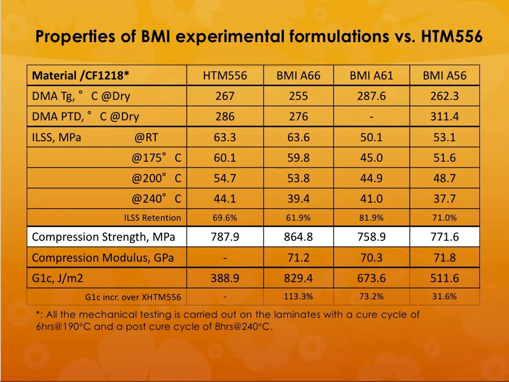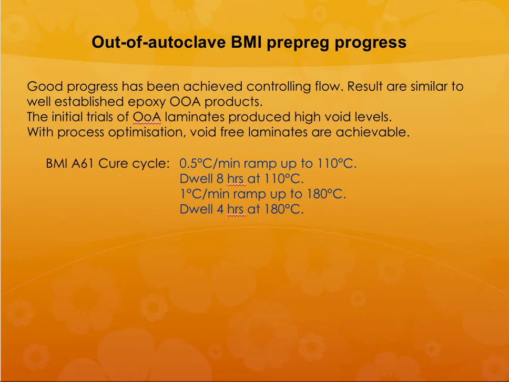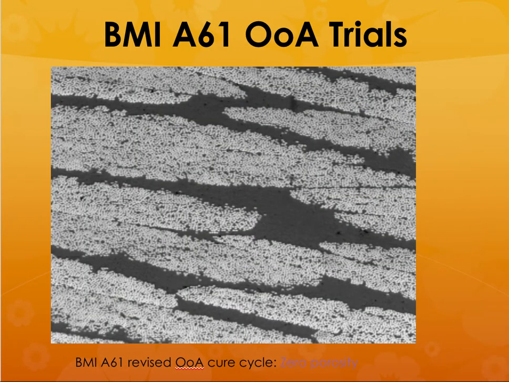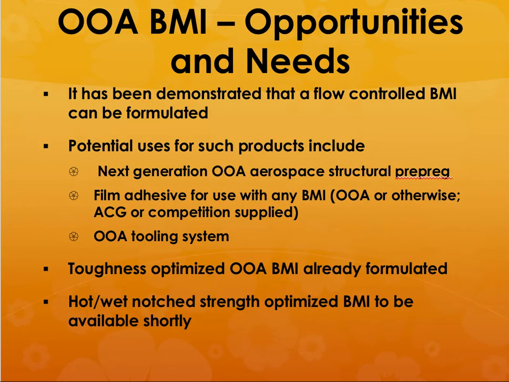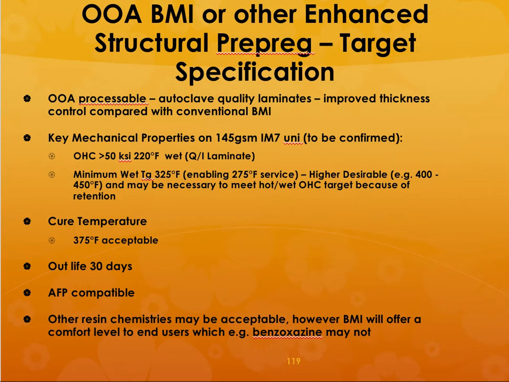I will probably stop here, and this one shows some results with some of the out-of-autoclave trials. ACG has made several prepreg types with the BMI also. I believe that they have made it with other types of resins also, like cyanate esters, but those are still under development.